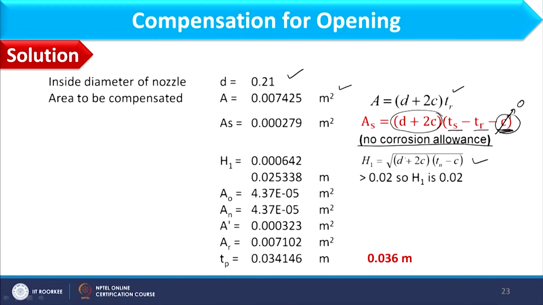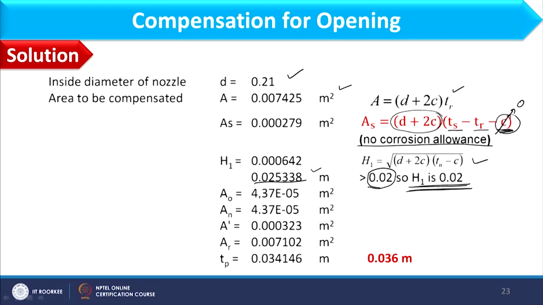H1 is given as root over D plus 2C into TN minus C, considering that we can find H1 as 0.025338 meter, and the nozzle length outside is given as 0.02. So this calculated H1 value is higher than this. So H1 for calculation purpose is taken as 0.02.